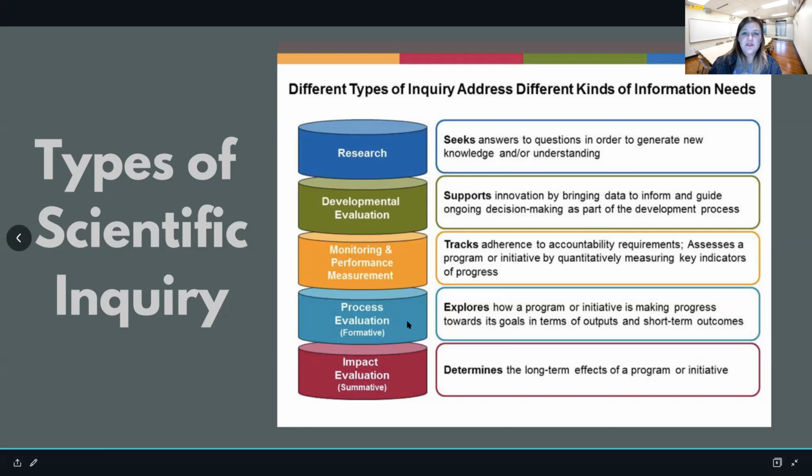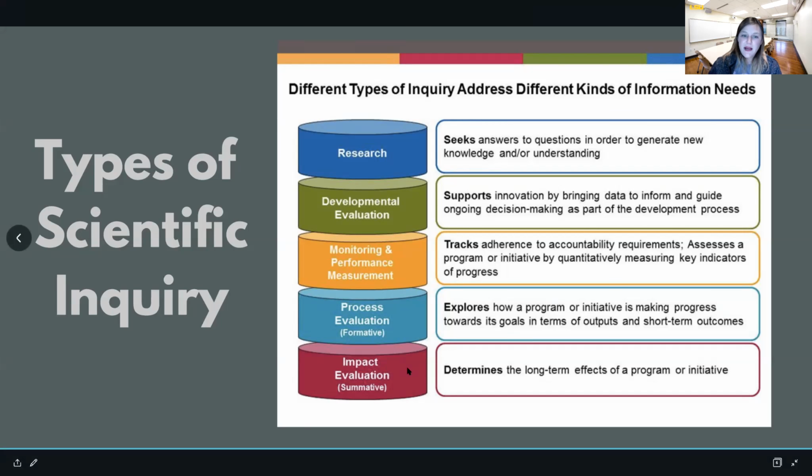Process evaluation or formative evaluation is a little more exploratory in answering those questions about whether an agency or a program is meeting its goals in terms of short term outcomes.